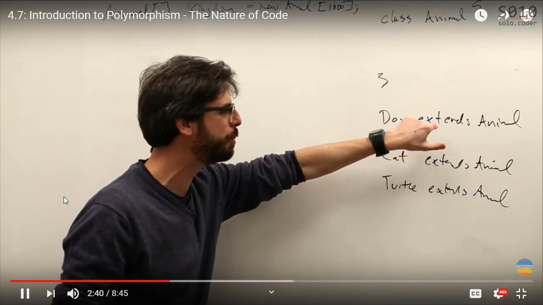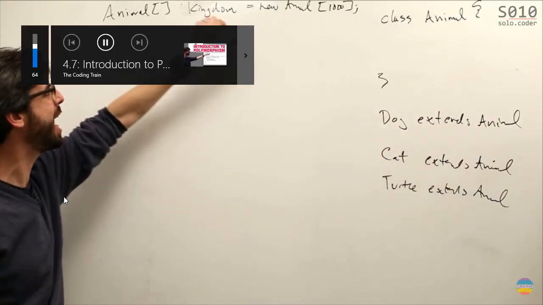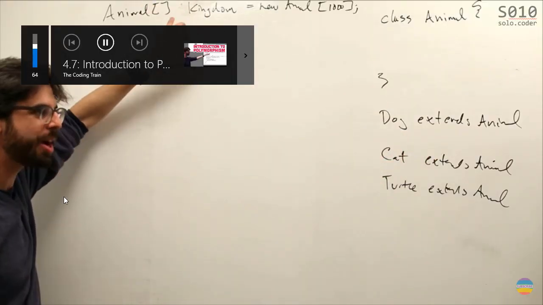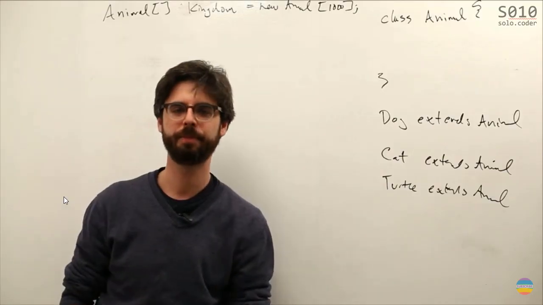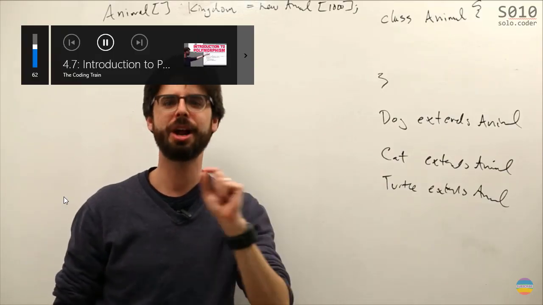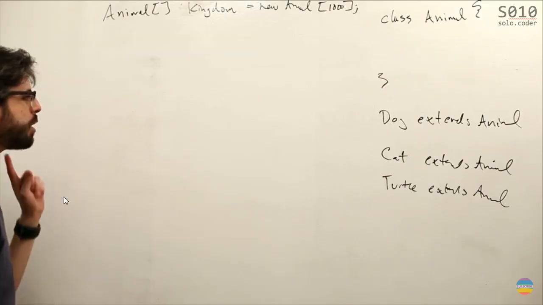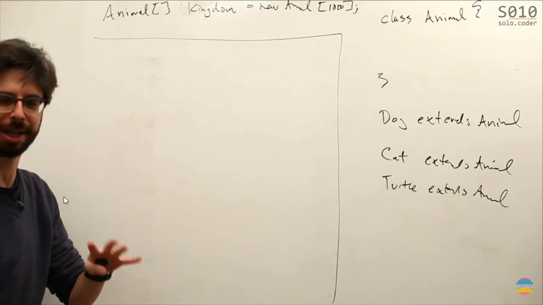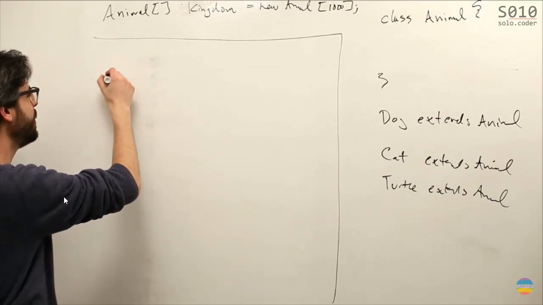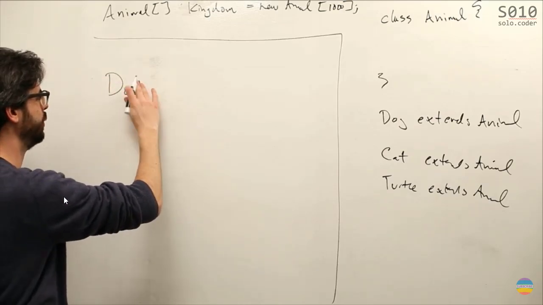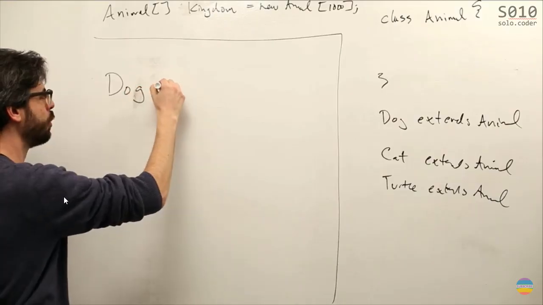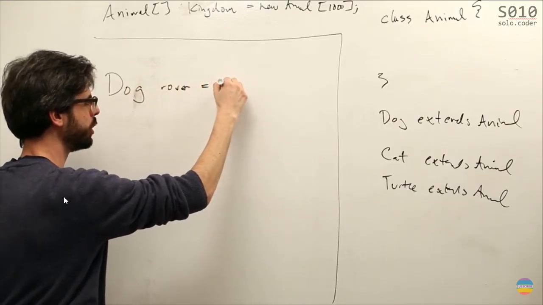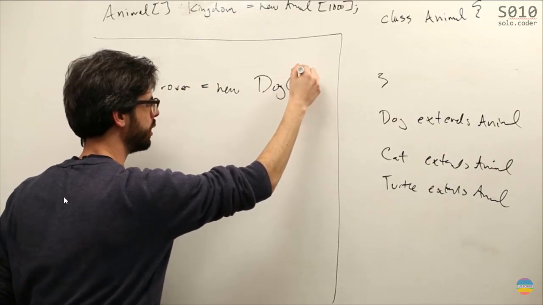Polymorphism is going to allow us to put all these different kinds of animals into the same generic array of animal objects. So let's look at two lines of code that I'm going to write out for you here. I'm going to say Dog rover equals new Dog.